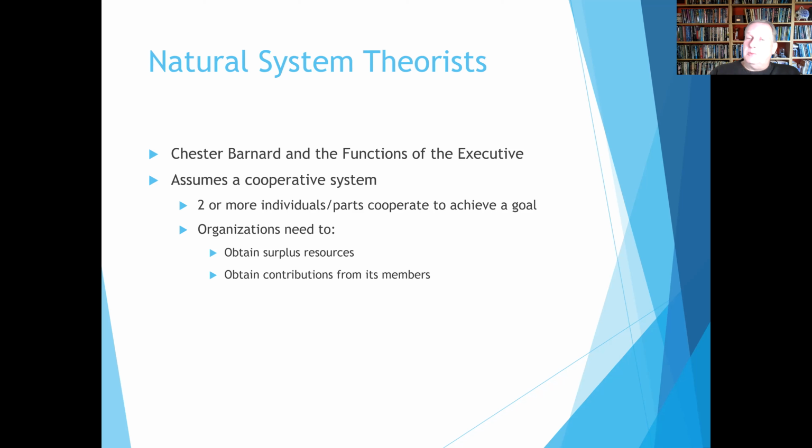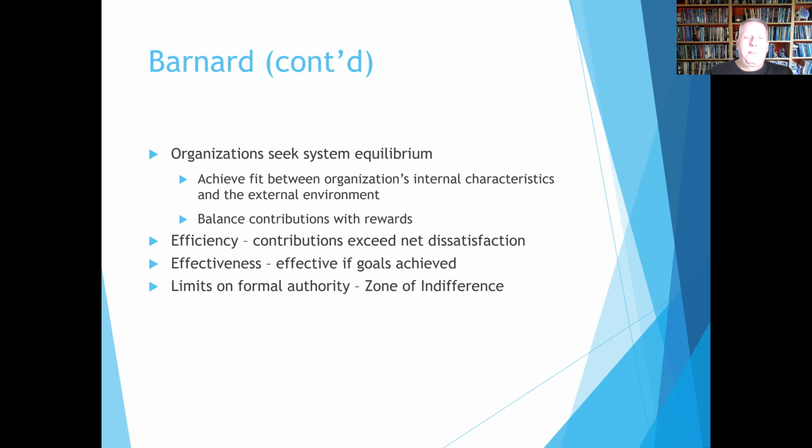So what the organization will do is it will compare the resources and the contributions that it is getting from employees to the incentives that need to be provided to those employees in order to induce those contributions. So it's a balance between providing incentives to employees that employees will value to motivate those employees to then provide these resources and these contributions toward the goals and objectives of the organization.